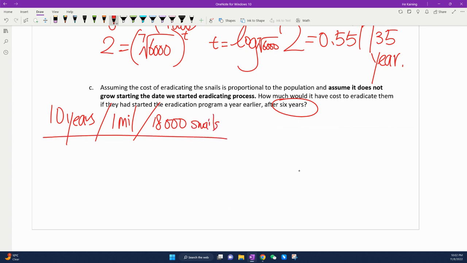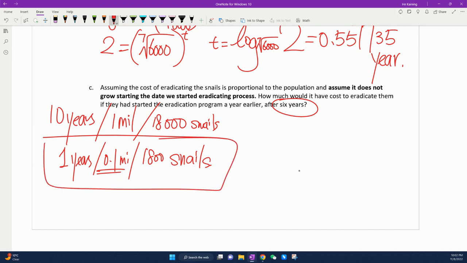If I divide by 10, that means for 1 year, I can spend 0.1 million, or maybe you can translate into a different unit, that's fine, and then 1,800 snails. Pretend the eradicating process is just a linear function. This is how you find a ratio.